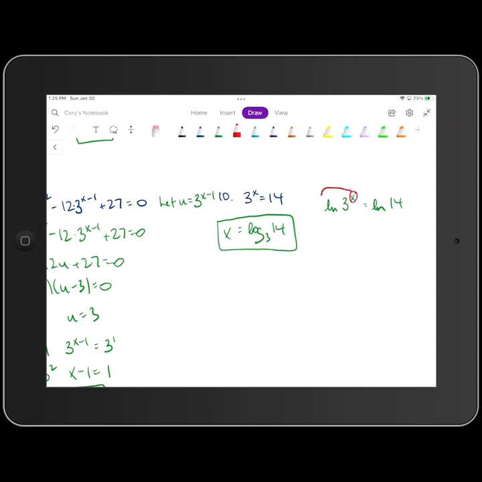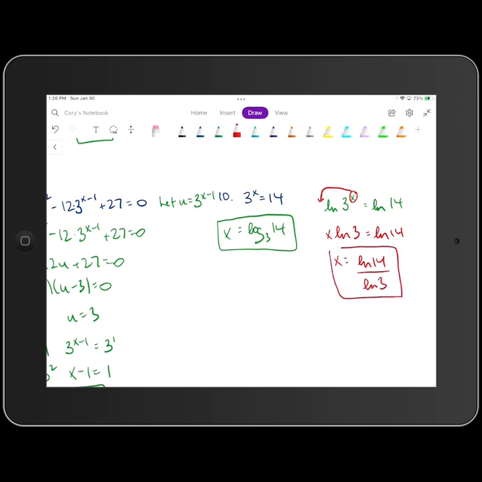Well, because we've taken the natural log of the left-hand side, I can pull that exponent out front as a factor. So this gives me x times the natural log of 3 equal to the natural log of 14. And now I can solve this equation for x by dividing both sides by the natural log of 3.